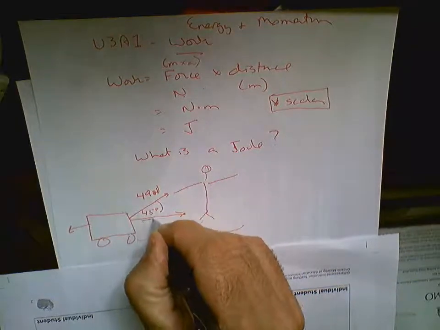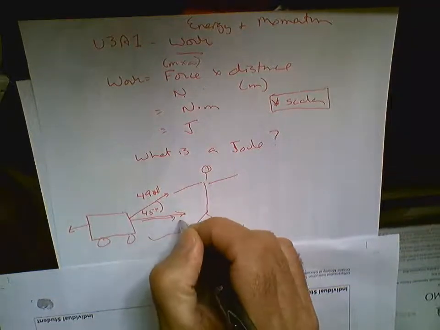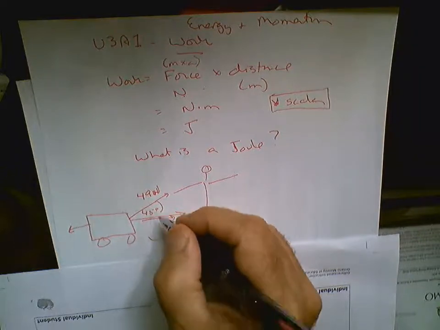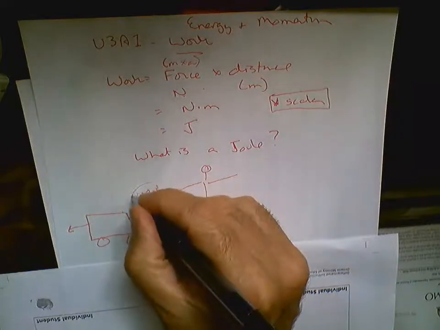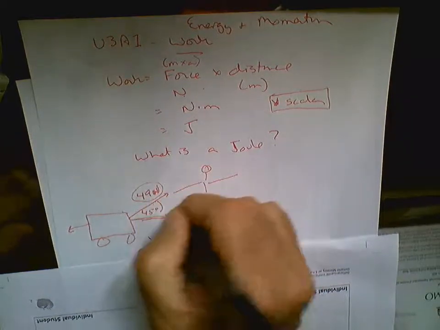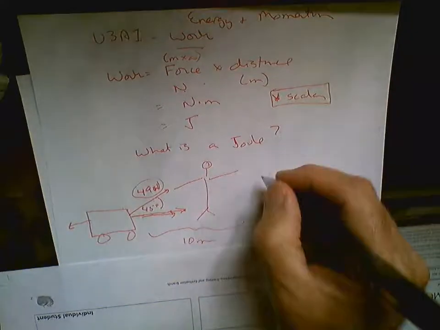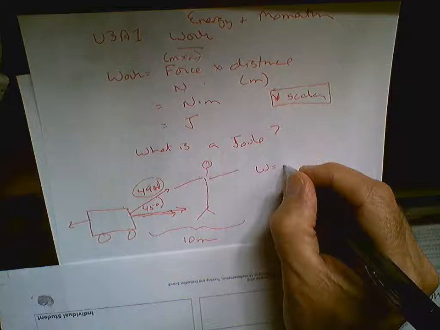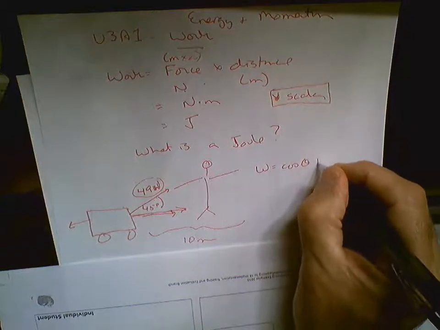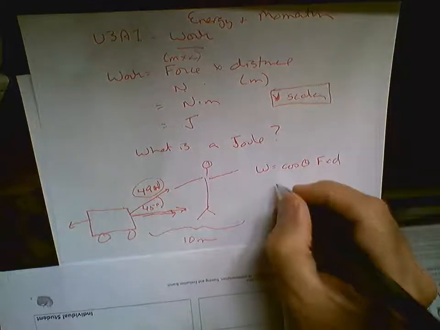So you want to pull it this way in the positive or easterly direction. So you have to take the cos of 45 degrees to transfer this force right here into this vector. So let's more accurately say that work equals cos of an angle times force times distance.